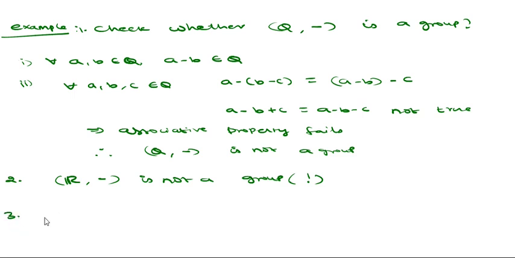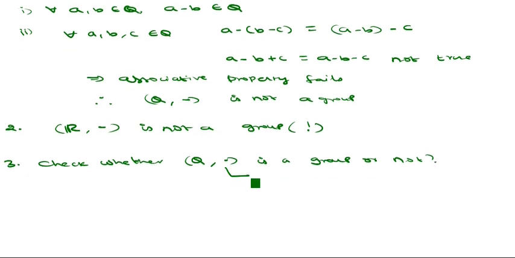The third problem you can consider is to check whether Q comma dot is a group or not. So you can take this and work it out. Here this operation is usual multiplication. Okay. So we will end this video.